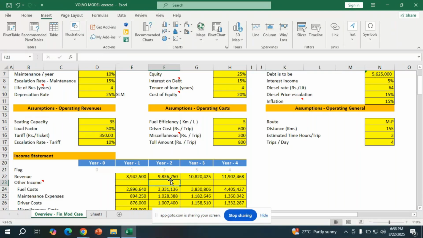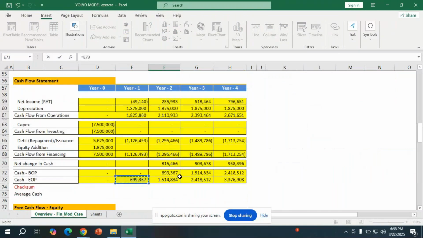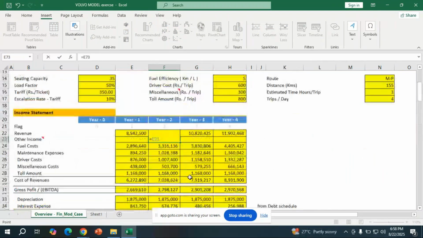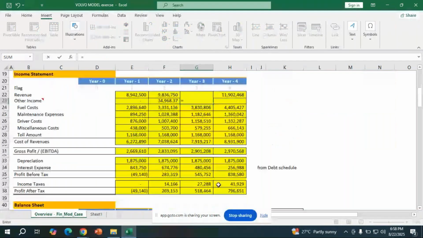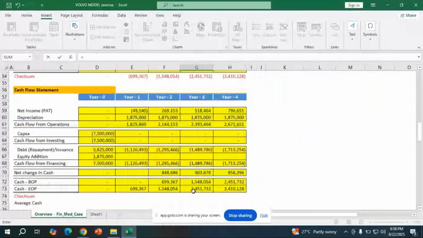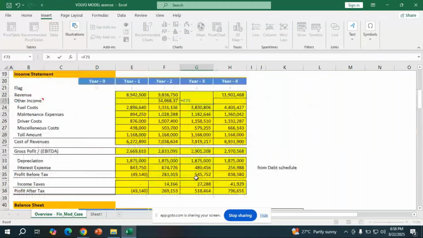Now for year two equals to cash EOP into 5%. Yes. Again for the next year equals to, for year two, for year three we had done. Year one.